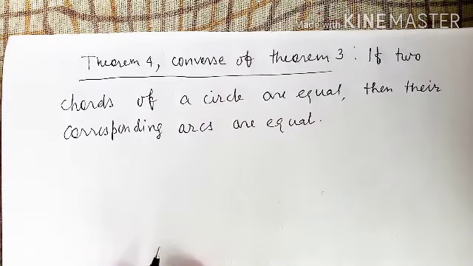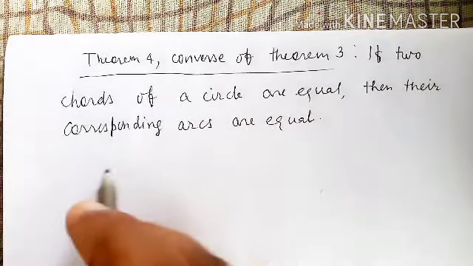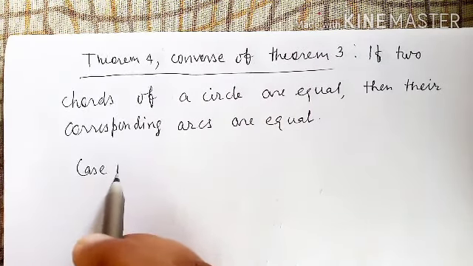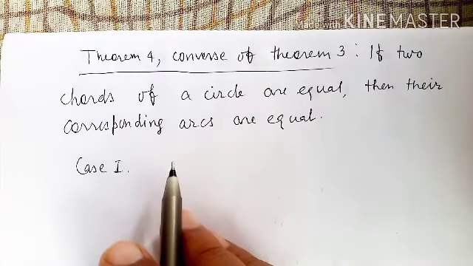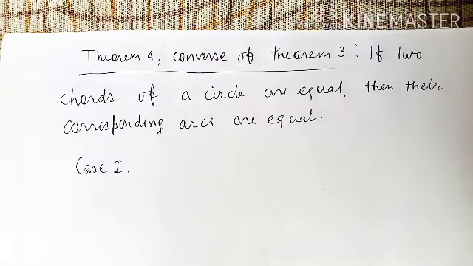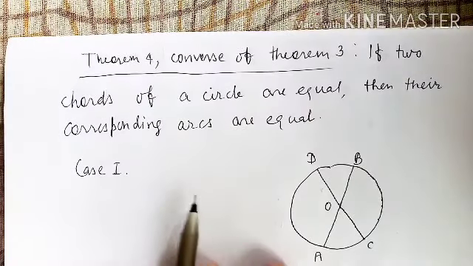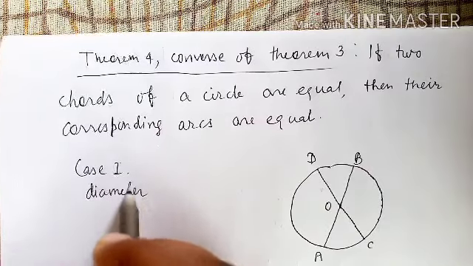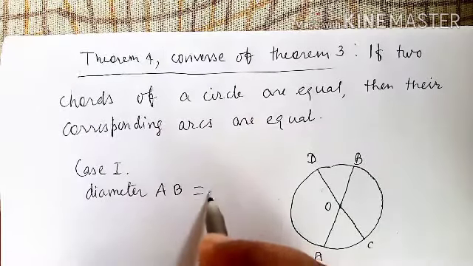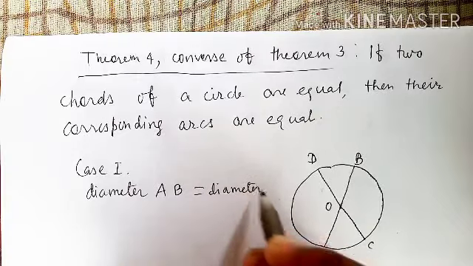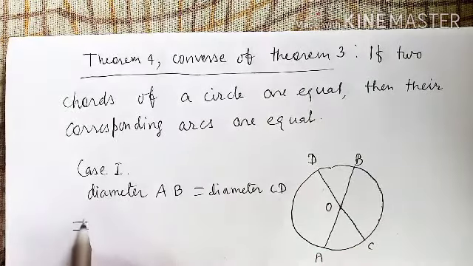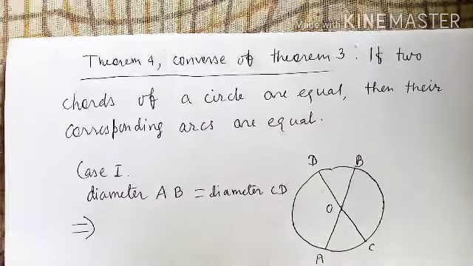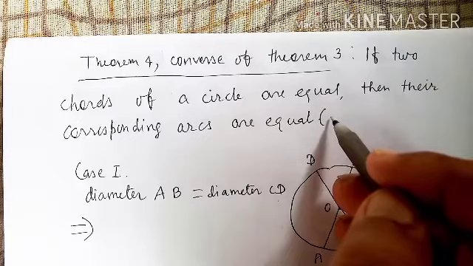Here three cases arise. Case 1: you know a semicircle is also an arc. When diameter AB is equal to diameter CD, then we have to prove the corresponding arcs are equal or congruent.